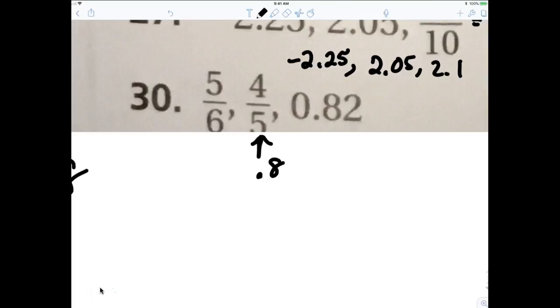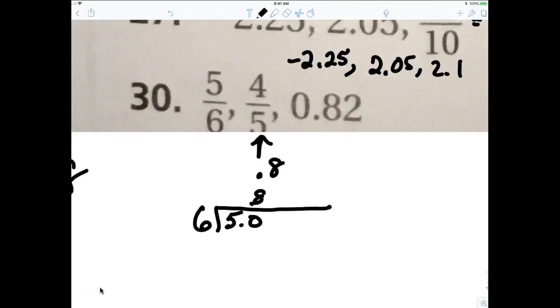We're going to divide 6 into 5. Now, listen. Here's what I always try to tell kids. You don't have to divide it all the way out until you know it's smaller or larger. So this is a 5.0. How many times does 6 go into 50? 8 times.